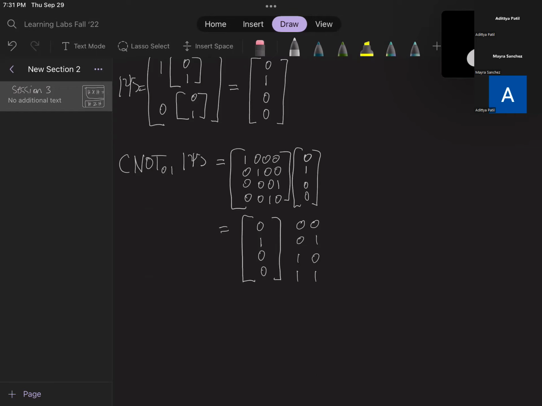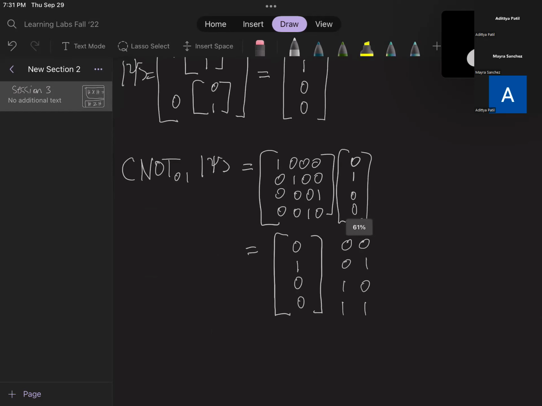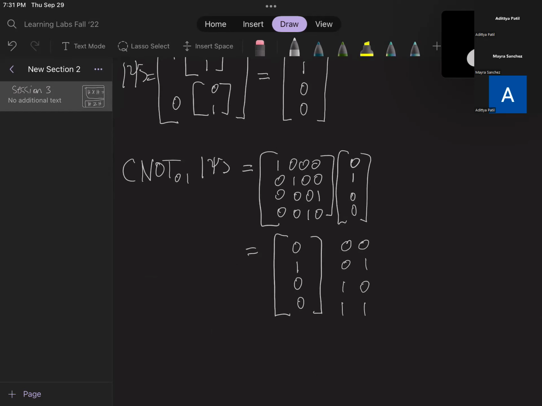If you have taken linear algebra, we can see that this CNOT is what's called a permutation matrix, right? And it's going to essentially flip the bottom 2 rows of our target matrix, in this case, the vector. If you think about it, if we have a 1, 0 and we're controlled on this one, it would flip this into a 1, correct?